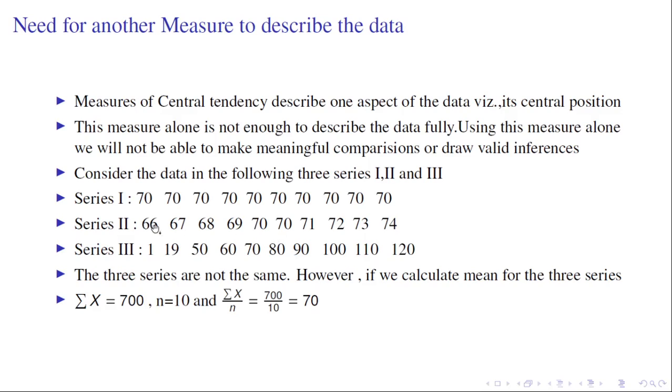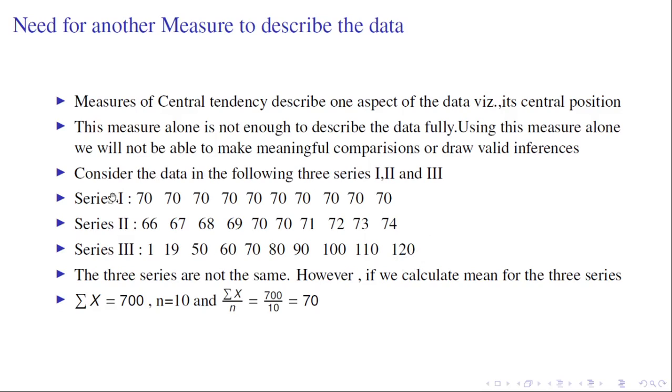In the series with 66 to 74, all observations are near the central value. 70 is the central, location value. In the first, all observations are concentrated at 70 only, but in the third series the difference is 69 on one side and 50 from the central point to 120.